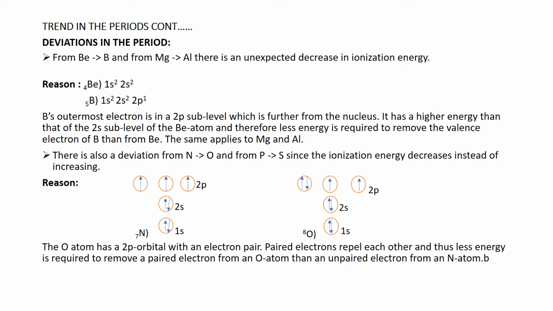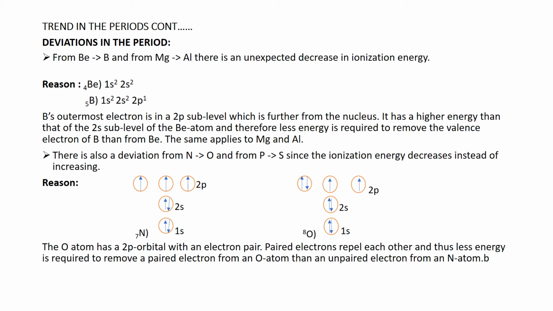As you can see, in the electron configurations of both beryllium and boron, beryllium ends at 2s, the s orbital, and boron ends at the p orbital. So it is much easier to remove the electron for boron than to remove the electron in beryllium, because the electron in boron is much farther away from the nucleus compared to the electron of beryllium.